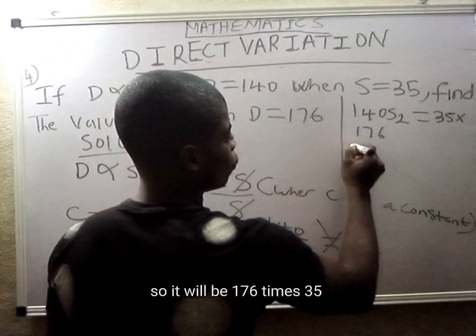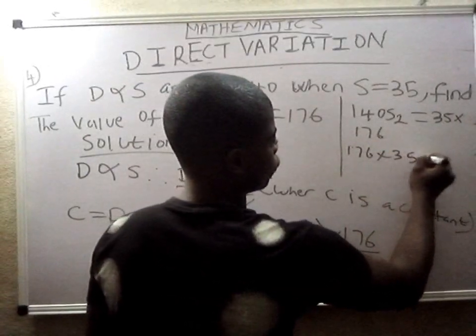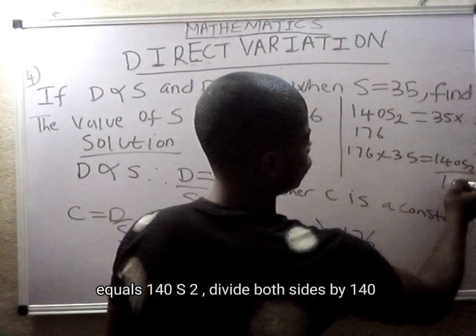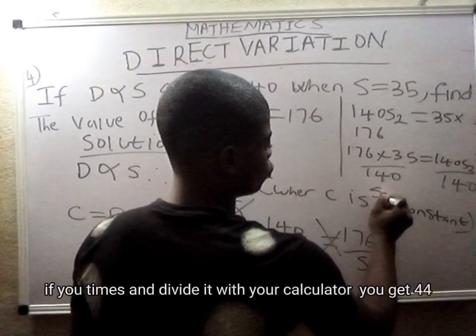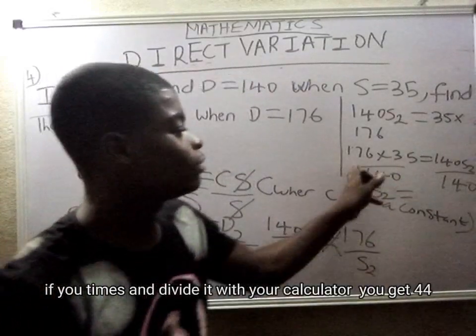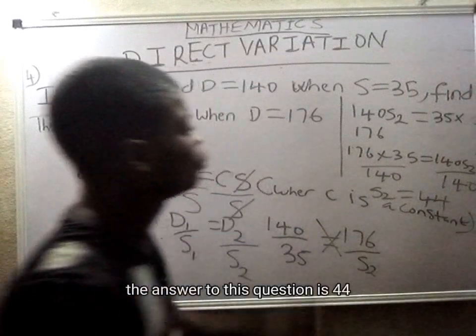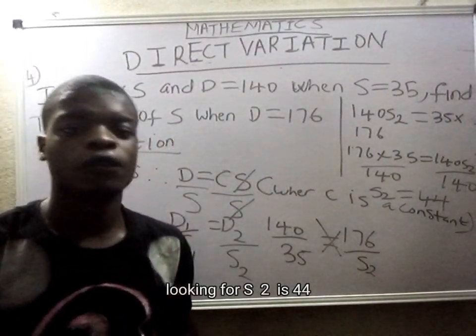So it will be 176 times 35 equals 140 x2. Divide both sides by 140. So x2 equals, if you use the calculator and divide, you get 44. So the answer to this question, the value for x2, is 44.